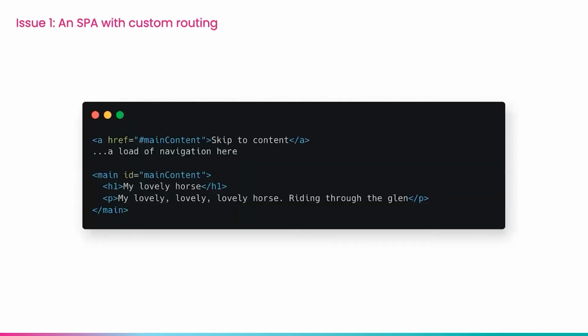So first off, as I said, Contensis is a single page app. The browser doesn't reload when you go in between screens. So if you click on a link and it goes to another screen in the app, the browser isn't actually reloading, it's just pulling in different data and showing it.